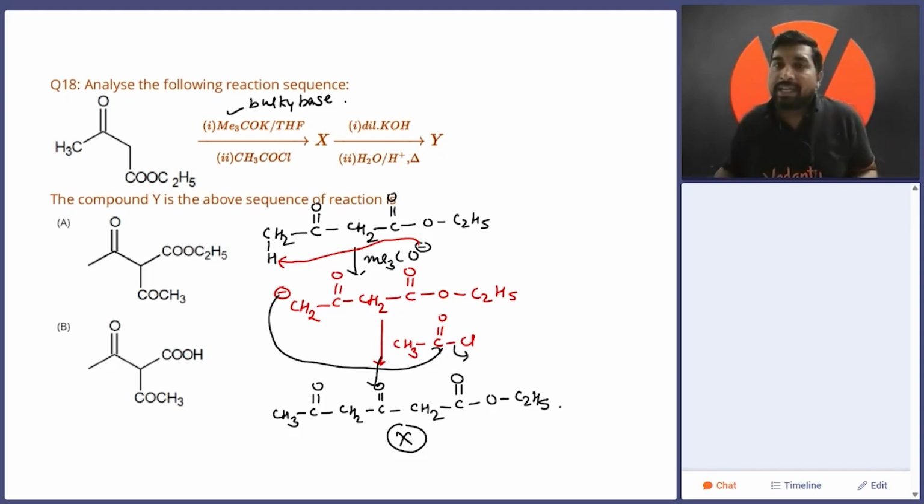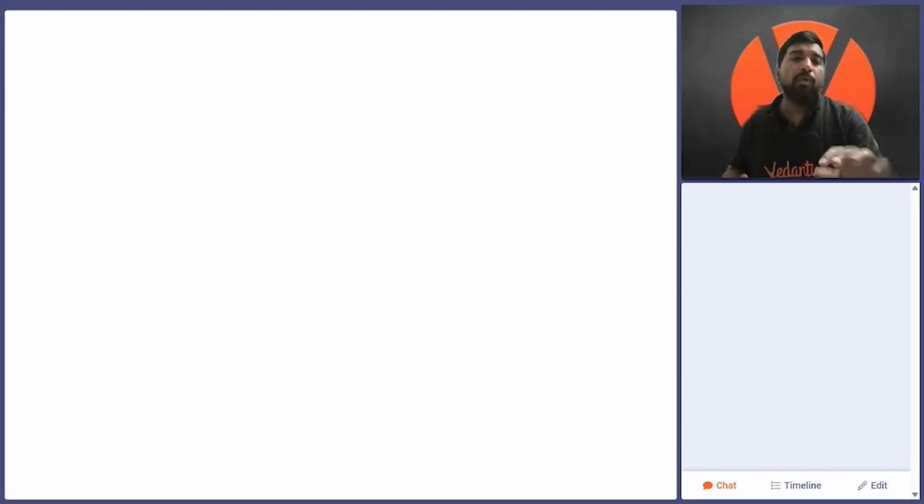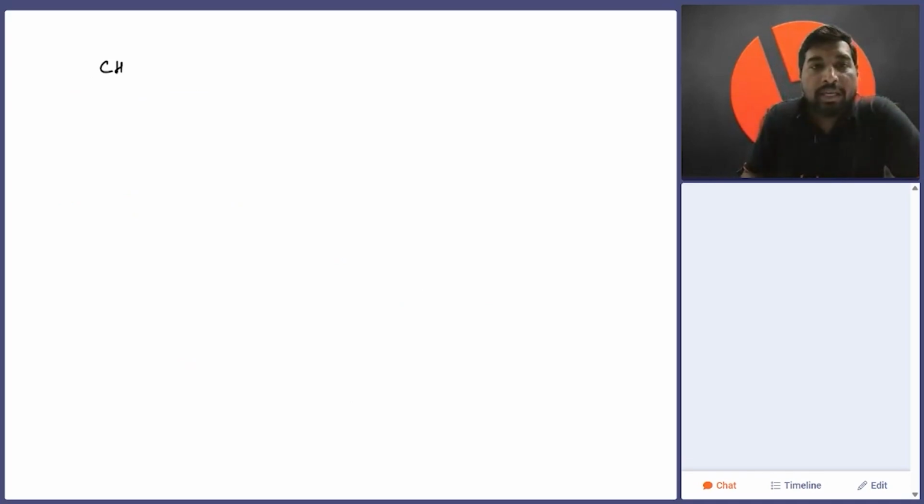Dilute KOH will act as a nucleophile. So I will add the dilute nucleophile, and CH3CO CH2 CO CH2 C double bond O and OCH3.